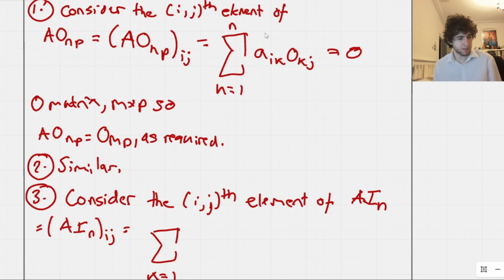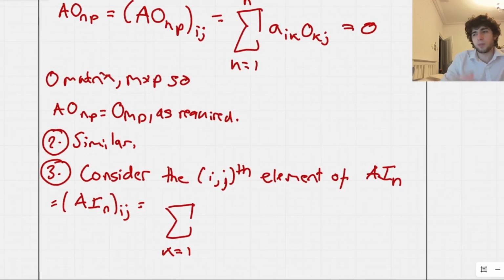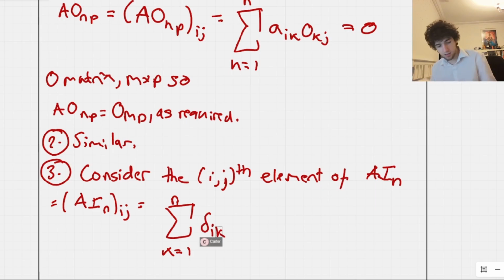Do I mean to m there? I'm going to get an m by n. Right, sorry, I just wanted to check, because I miswrote this in my notes, but it's going to be from k equal to 1 to n, of delta_ik multiplied by a_kj.